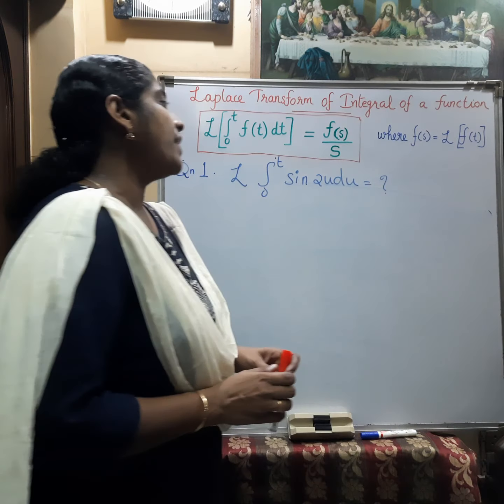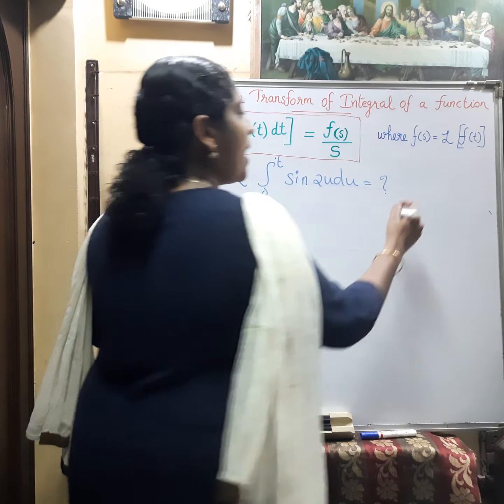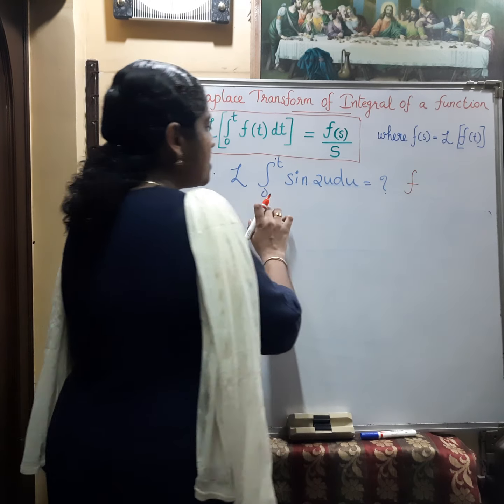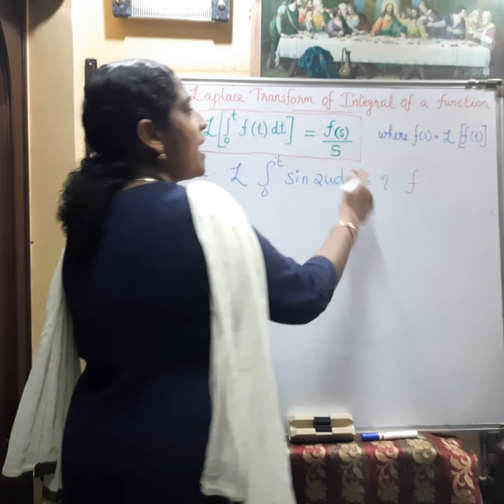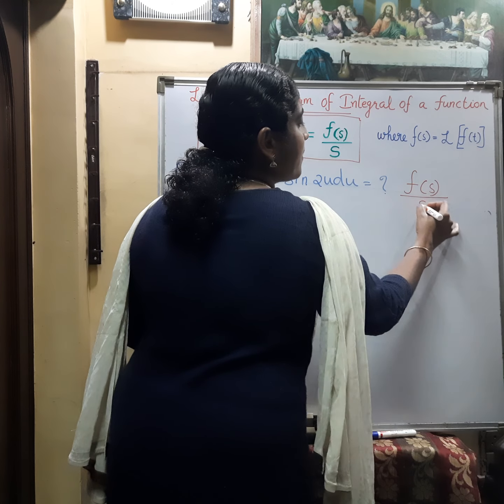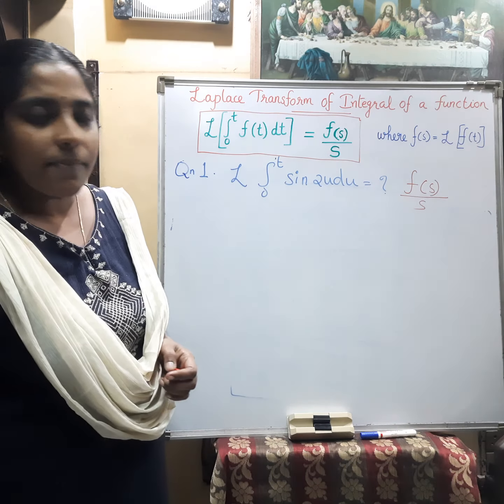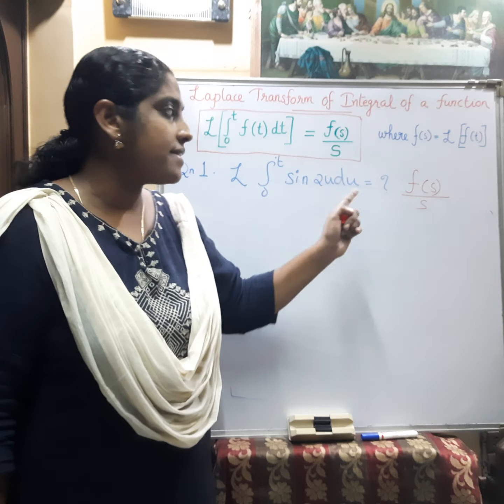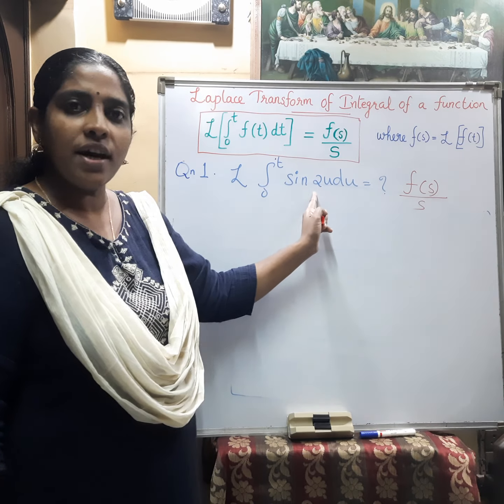So how can we find this? For this we can apply this formula. This is integral 0 to t, so by using this integral property, we can write the answer as f of s by s. What will be f of s? That is the Laplace transform of the function.